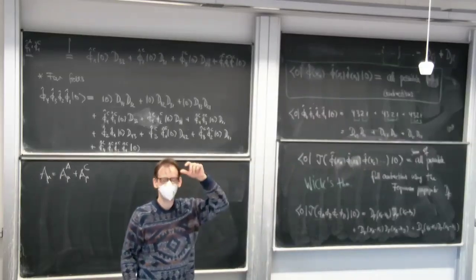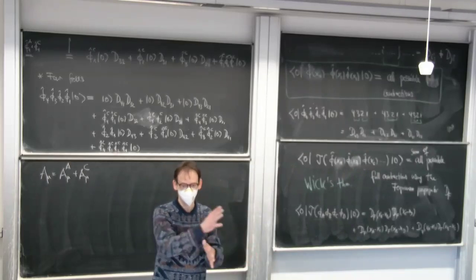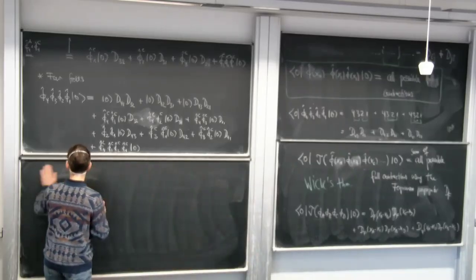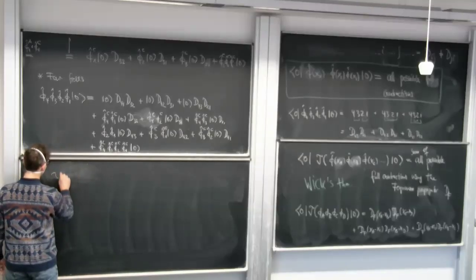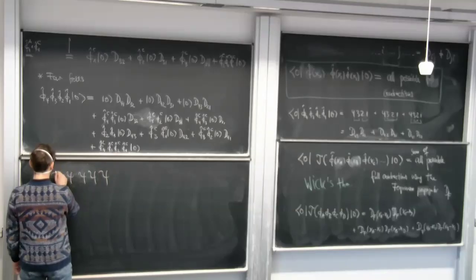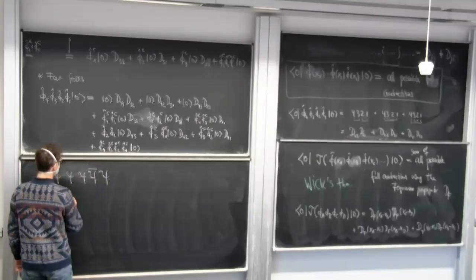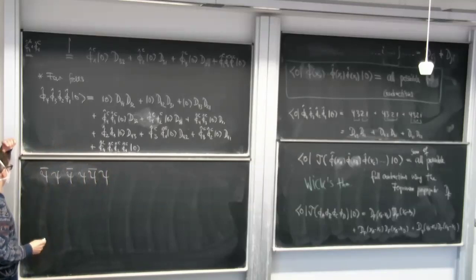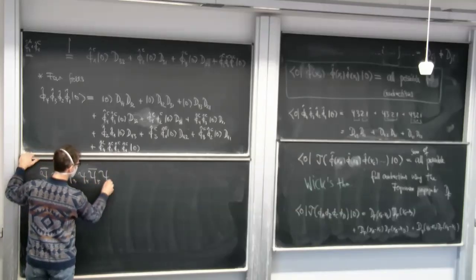Except spinors are Grassmann objects, right? So be careful when you commute them. They anti-commute. So if you have some psi, and then they have to have bars, psi bar, whatever. And then we have 1, 2, 3, 4, 5, 6.